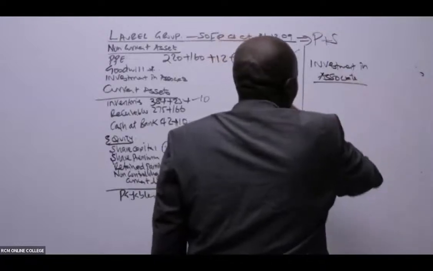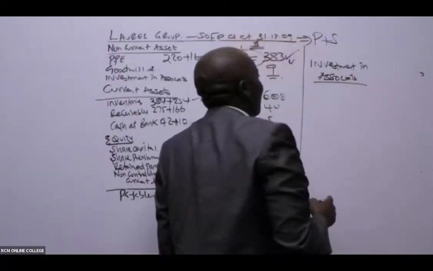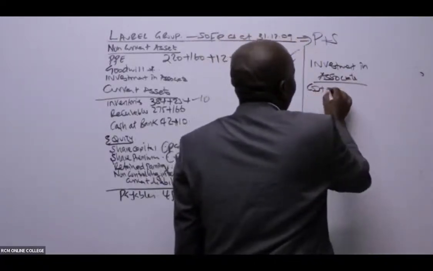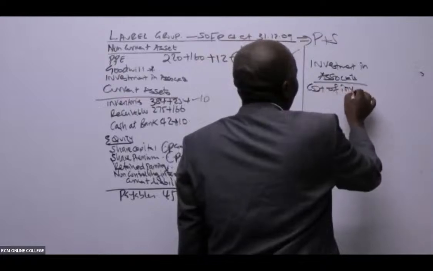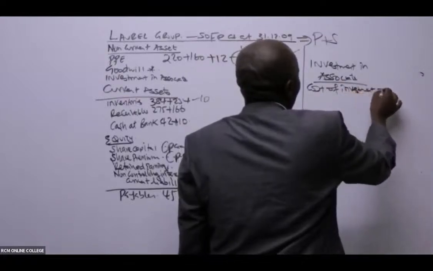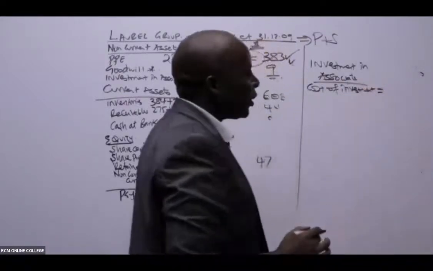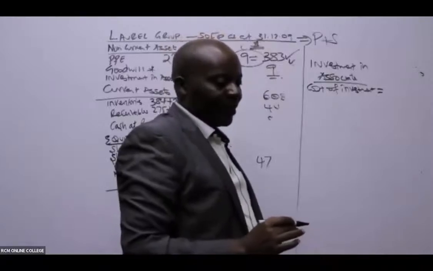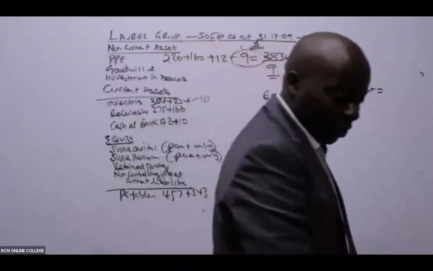So investment in associate, we have here the cost of the investment. So how much? Cost of investment, how much? Please go back to the question. How much did it cost us?